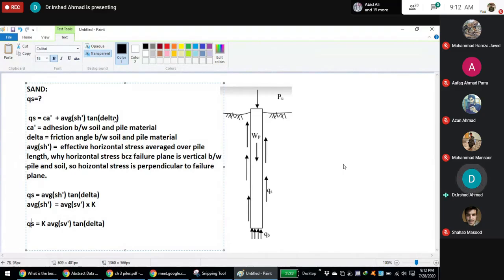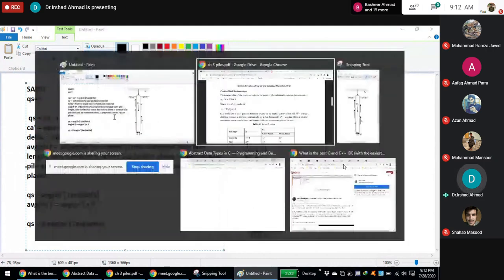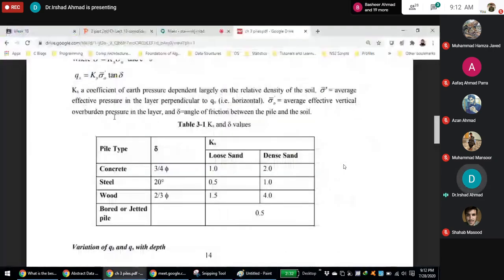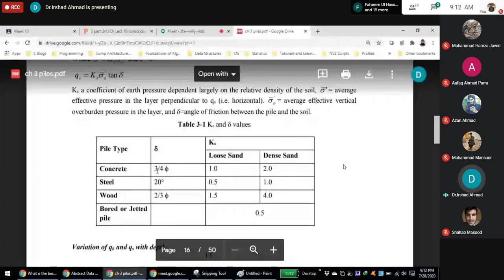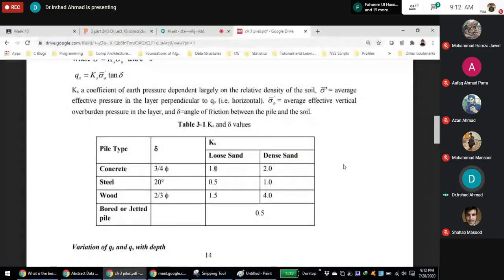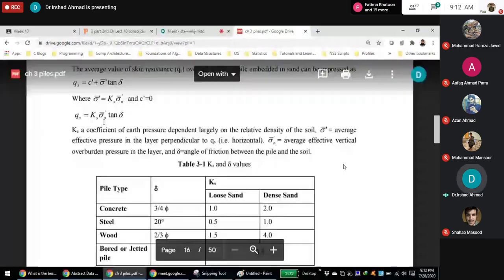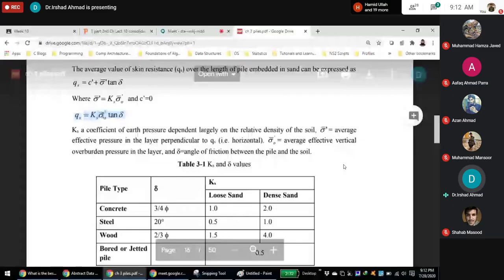So if we know this value, we can find Qs. Here, delta values you can pick from this table. Ks you can pick from this table, lateral earth pressure coefficient. And average vertical effective stress.